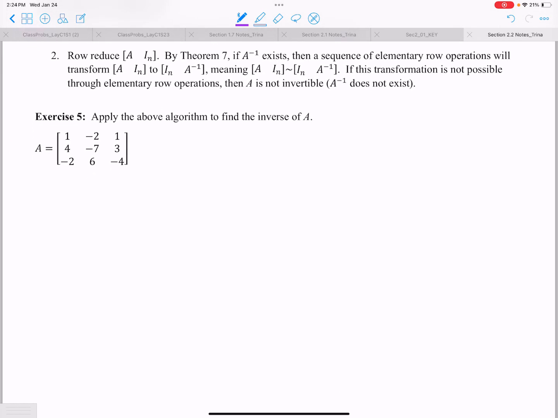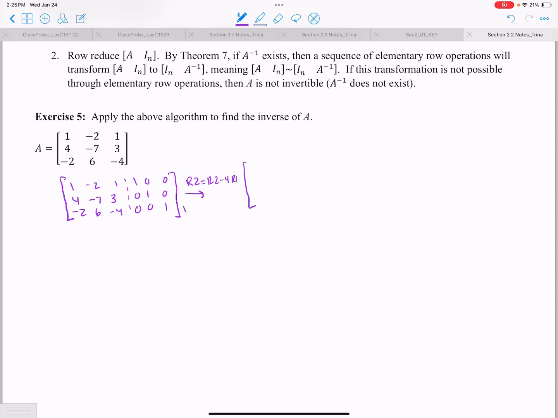So we're going to just apply this. So notice that A is a 3 by 3. I'm going to augment it with the 3 by 3 identity. And I'm going to row reduce. So the first thing I want to do is zero out below my 1. So I'm going to do row 2 is row 2 minus 4 row 1.